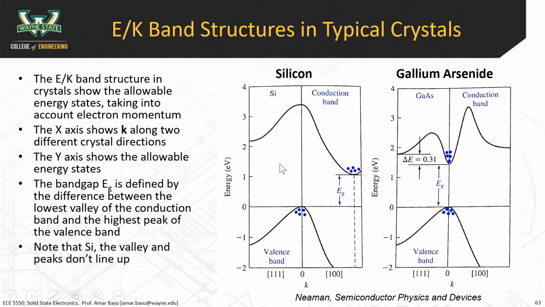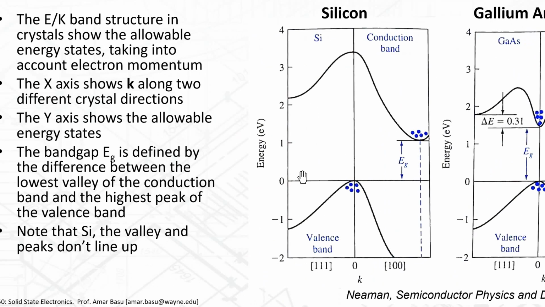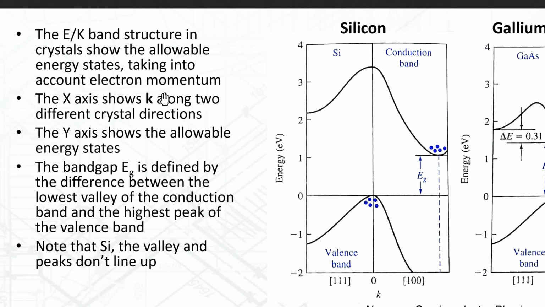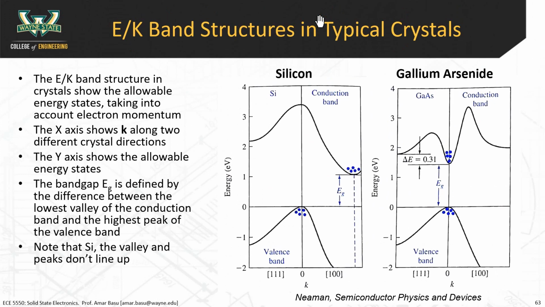The first time I saw it, I found this very confusing. So let's zoom in here for a second. The x-axis shows K along two different crystal directions. That's the confusing part. If you were to just ignore this half of the drawing for a second.